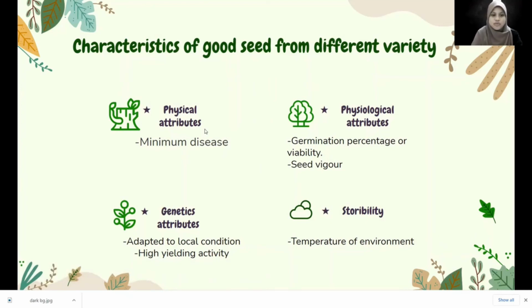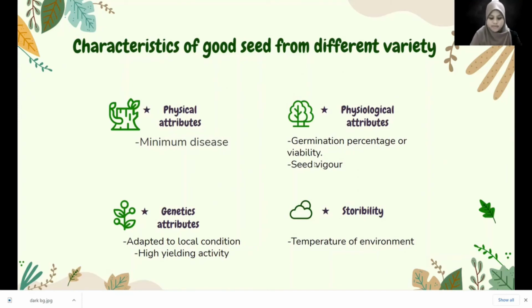For physical attributes, we want the plant to have minimum disease and minimum damage from the outside environment, so it is immune to disease.